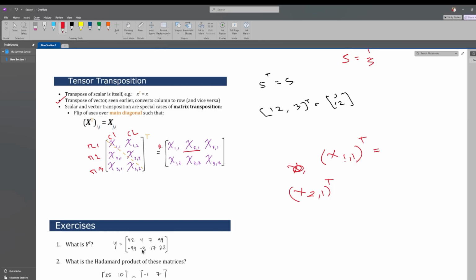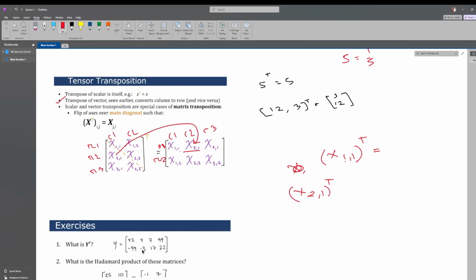Basically you see row 1, row 2, column 1, column 2, column 3. Although we have written it this way, it is basically row 1 column 2, right? It is written like this just so that you understand where this value flipped and where it went.